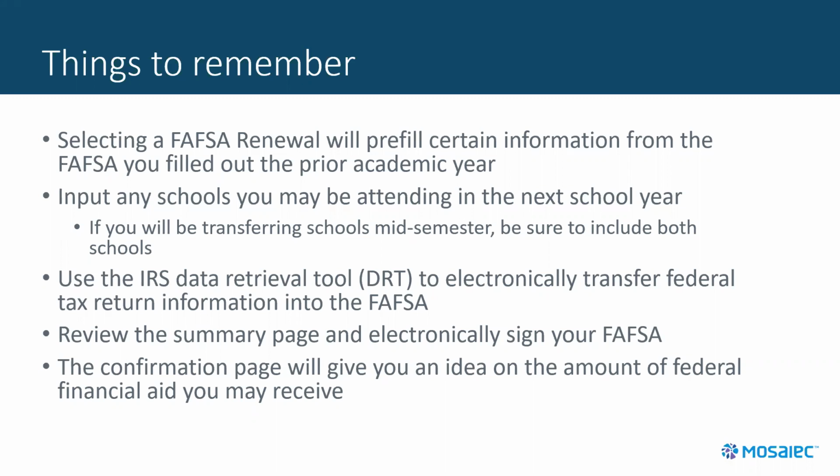So just because there is an amount listed there does not automatically guarantee that you are going to be receiving that amount, because again, that depends on how many classes and credit hours you're taking, and just your eligibility across the board. So that just gives you a general idea, but it's actually the financial aid office that will award you your actual awards, whether it be grants, loans, or any of those other types of aid options.